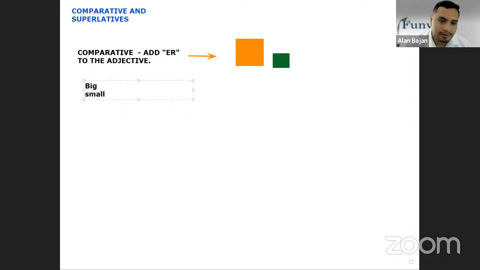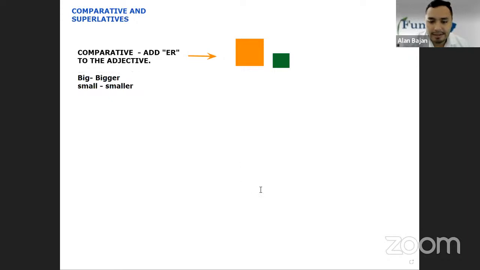And to build a comparative, we need to add ER to the adjective. So small, smaller. Big, in the case of big, I duplicate the last consonant and I add the ER, bigger.